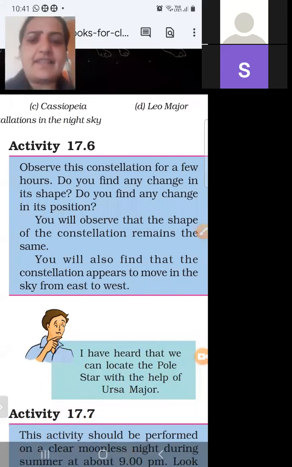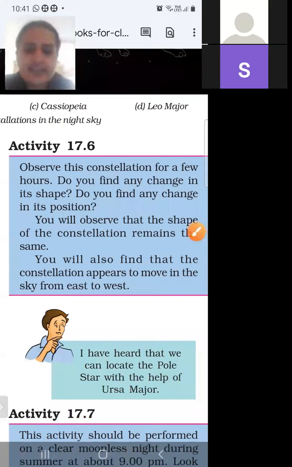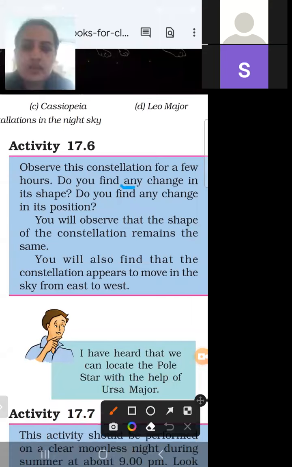So there is an activity 17.6. What is activity 17.6? You observe this type of constellation for a few hours, and is there any change in the shape? No, there is no change in its shape.